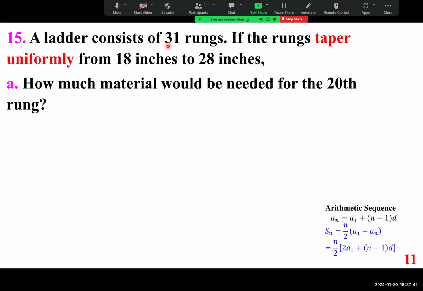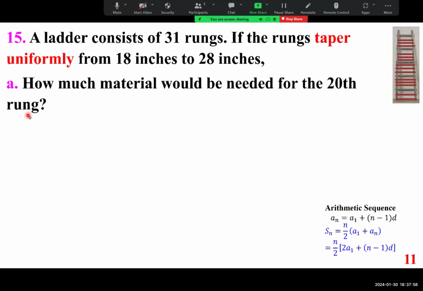A ladder consists of 31 rungs. If the rungs taper uniformly from 18 to 28 inches, how much material would be needed for the 20th rung? So the idea is, here's the ladder.